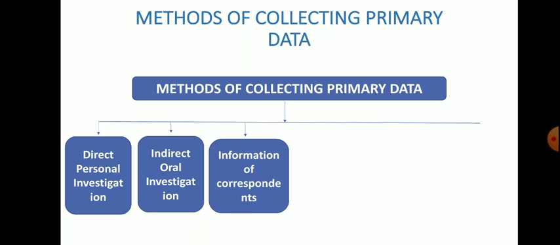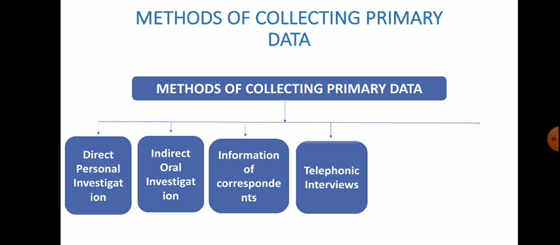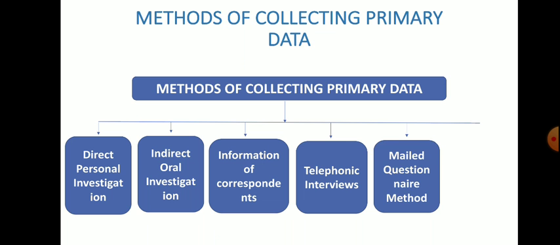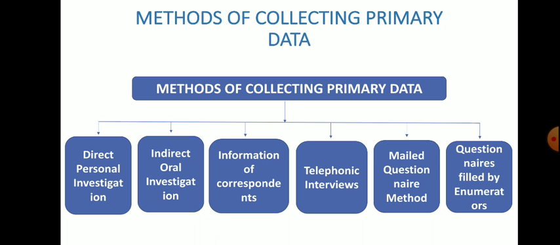Later on, information through correspondence, and the fourth one is telephonic interviews through telephone calls, then the mailed questionnaire method, and lastly questionnaires filled by enumerators. So, these are the 6 different methods of collecting primary data.